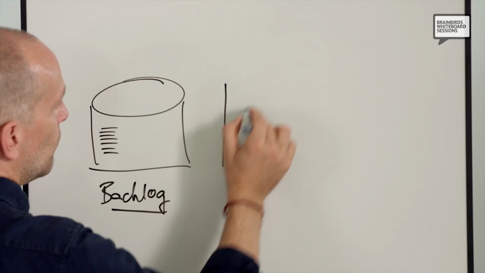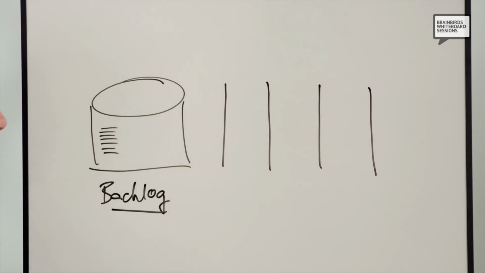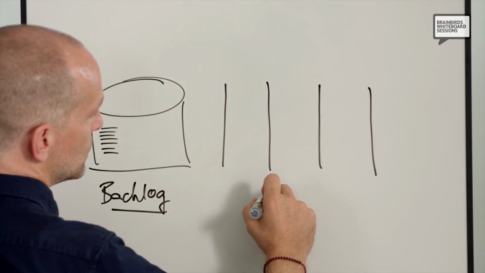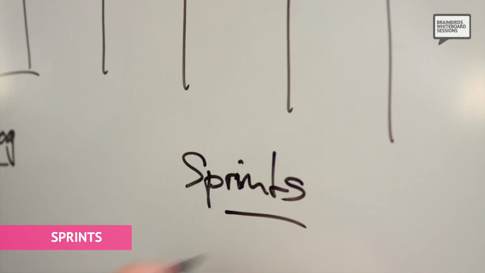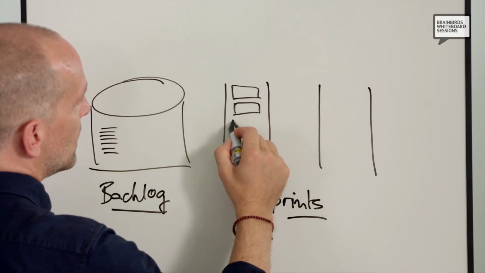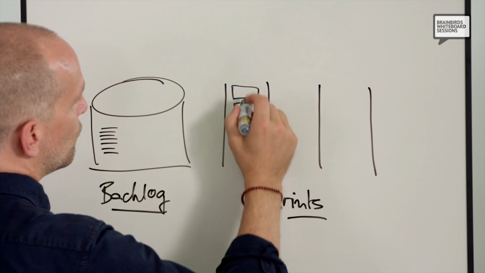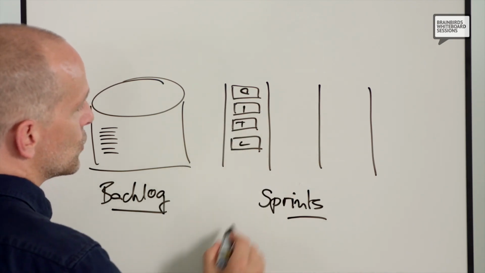And then we have different iterations where, based on this, we develop features and IT software. We call these iterations sprints. And within a sprint, we do similar stuff than we do in sequential projects, for example, concept, implementation, test, and launch.